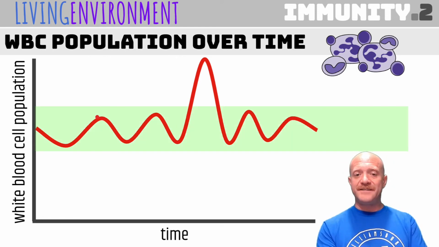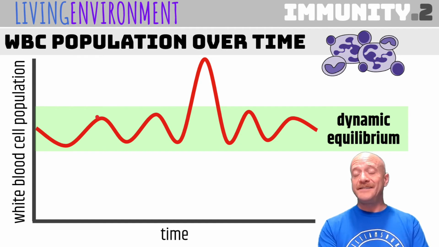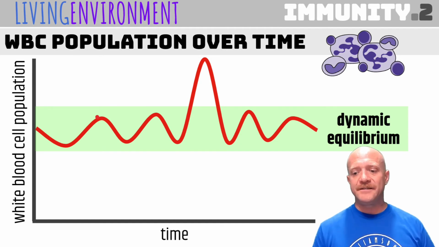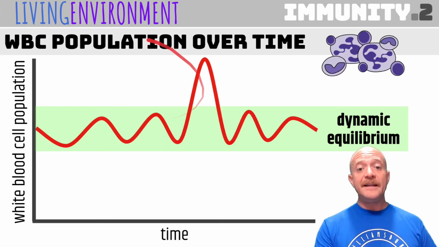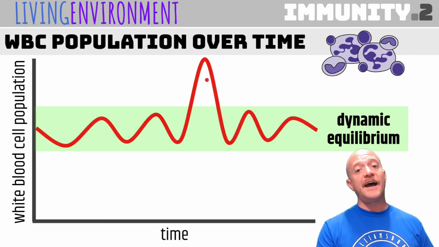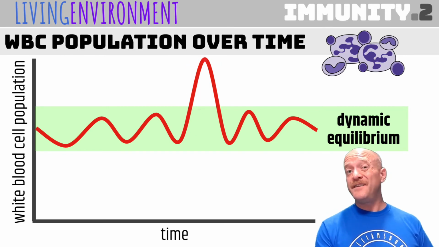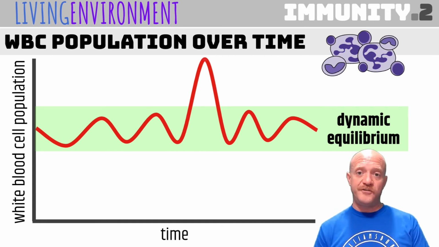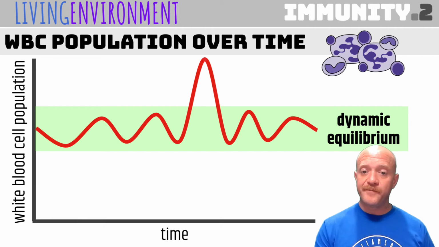And remember, the process is dynamic equilibrium. It's also known as homeostasis. So in certain times you may be outside or not able to maintain homeostasis. The white blood cell population got really high because there was an invader. So more white blood cells needed to be present in order to fight off that invader.